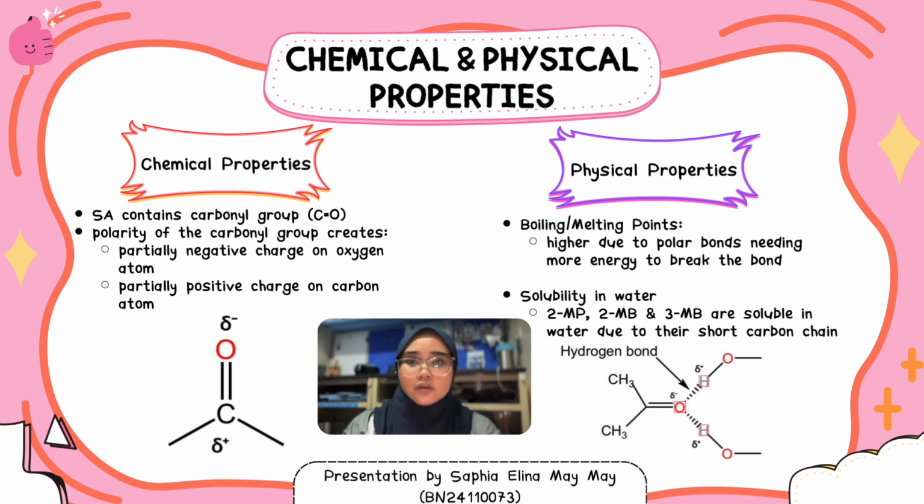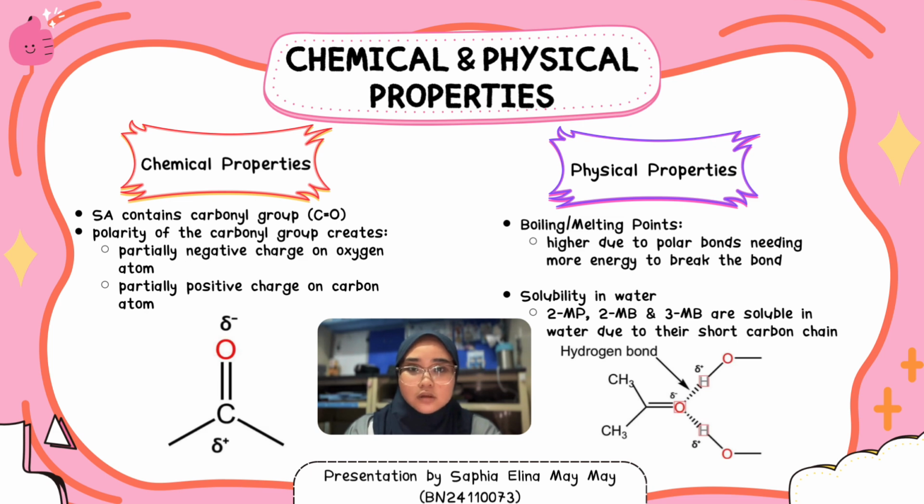The presence of the carbonyl group influences several key physical properties of Strecker aldehydes. For example, the boiling and melting points of these aldehydes are higher compared to non-polar molecules. This is because more energy is required to overcome the polar bonds between the molecules.